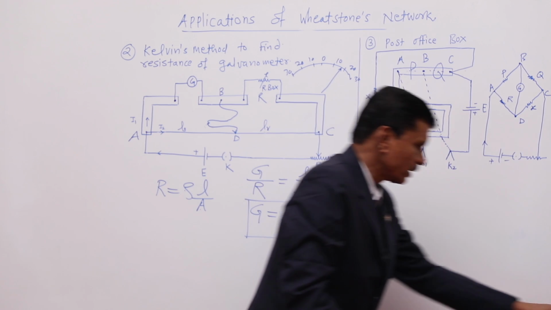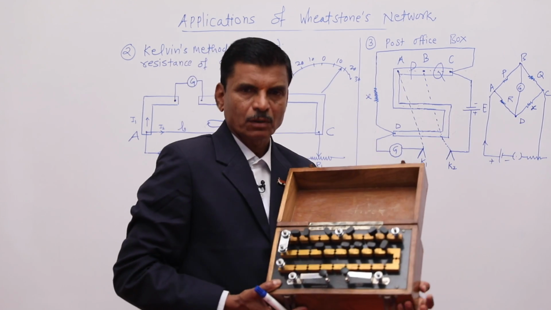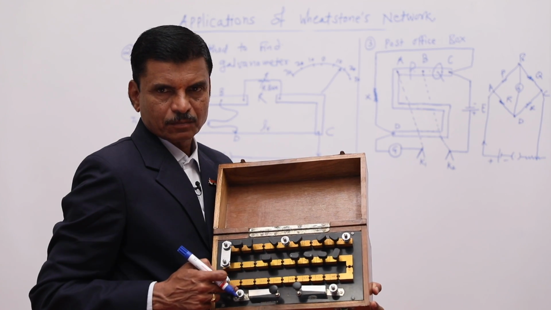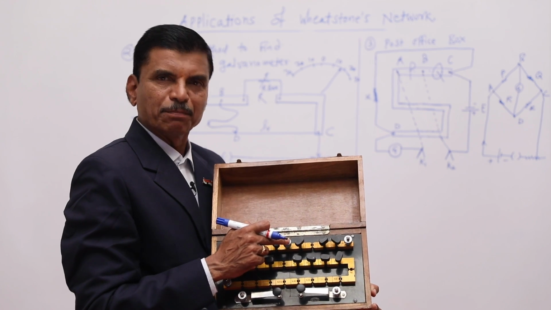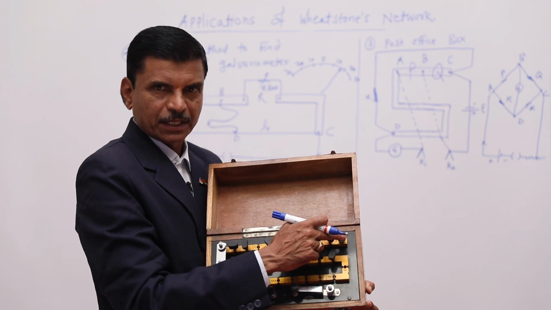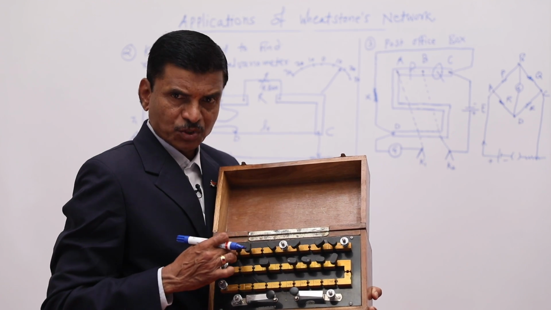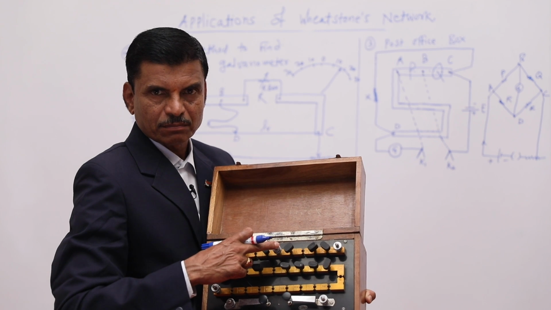I have brought that apparatus, I will show. See, this is its nature. This point is A, B, C. There are some keys, 1, 10, 100, 1000. We can bring any resistance from this section.